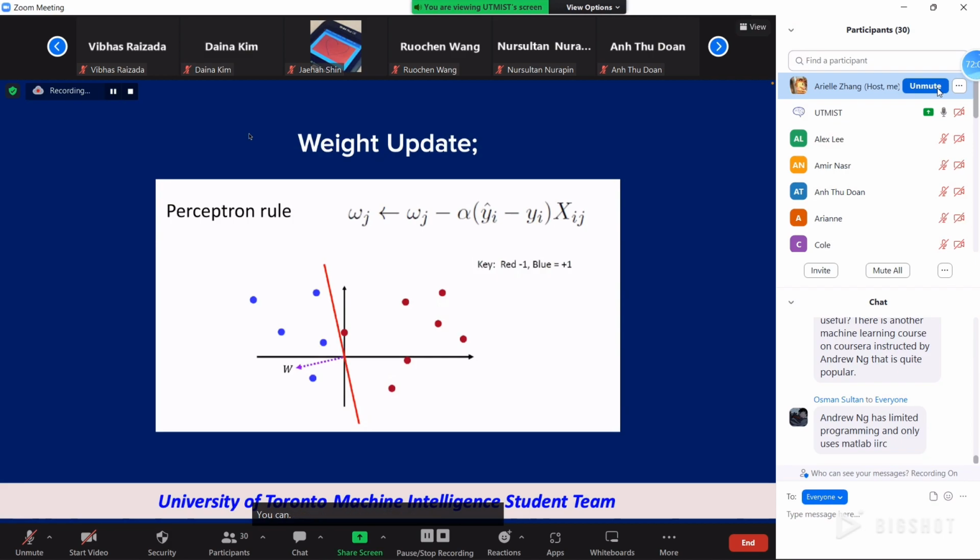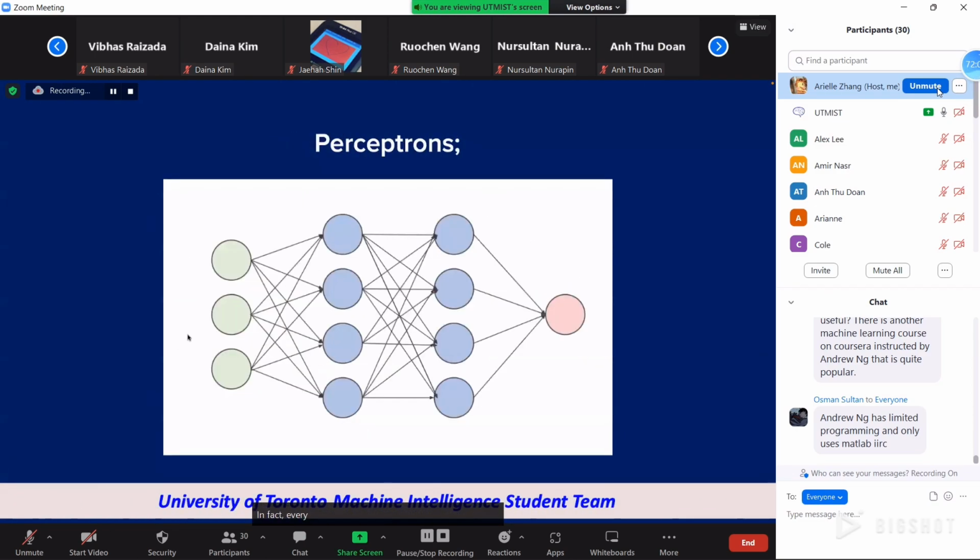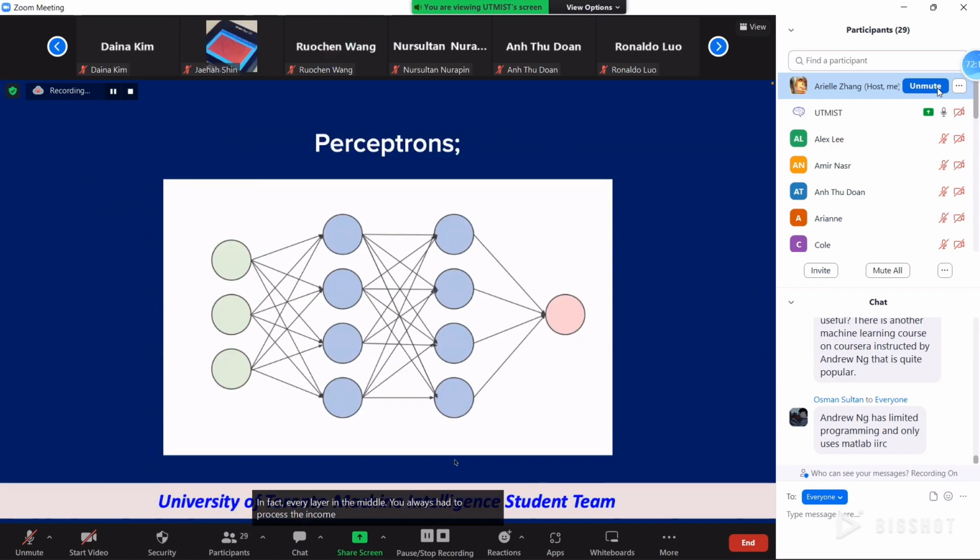You can. In fact, every layer in the middle, you always have to process the inputs, right? You always have to process the outputs at the end of the neuron right here. If you look at my mouse, you usually apply the activation function right here. Usually, if you use PyTorch or TensorFlow, they use one activation per layer to keep consistency of the same input in the same layer.